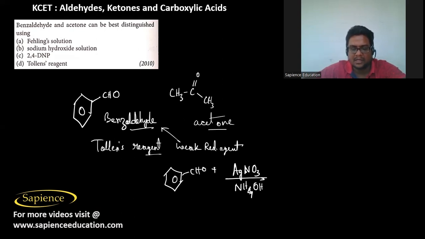So it reduces the ammoniacal silver nitrate solution to give silver mirror. Silver mirror it will give, and it will give benzoic acid.